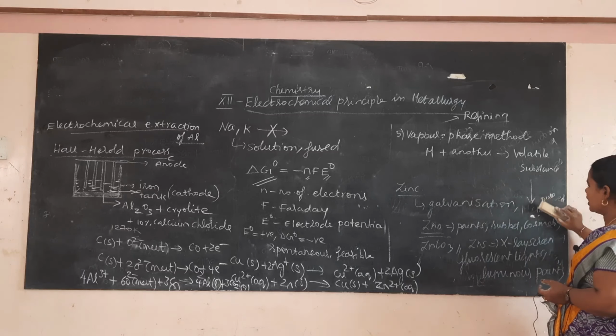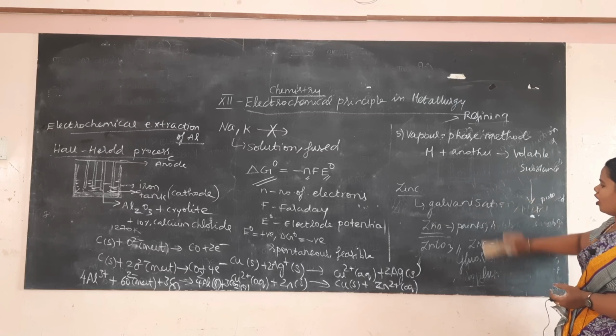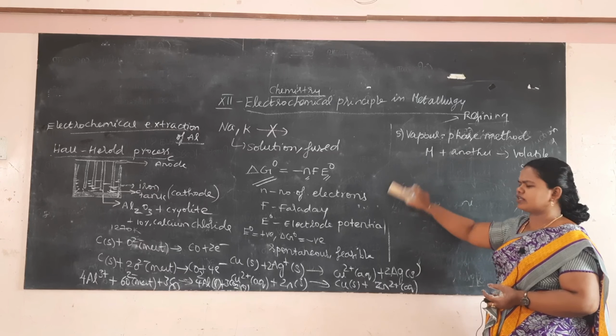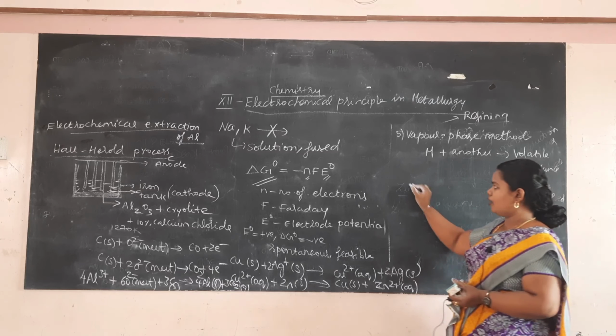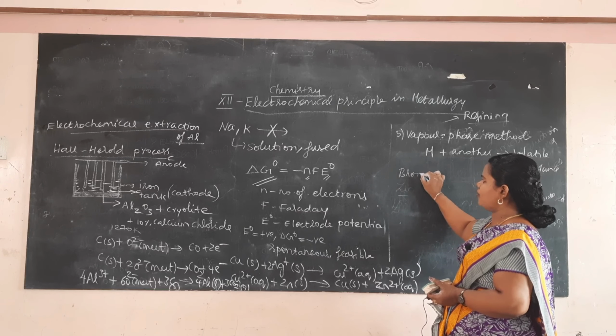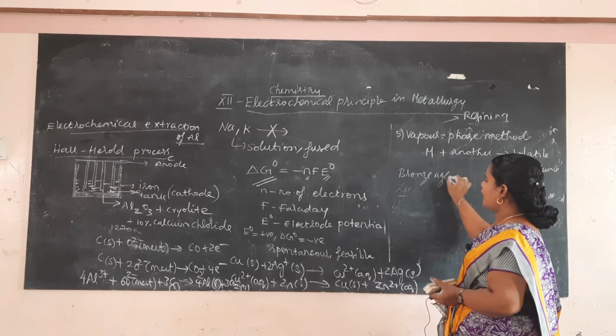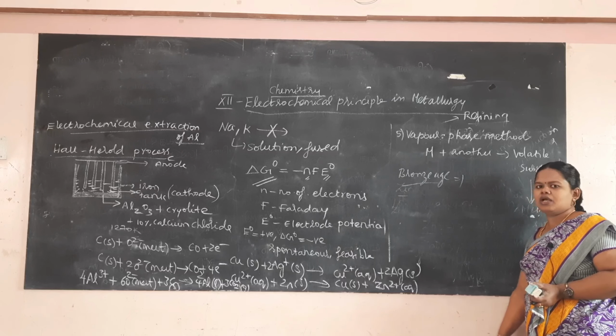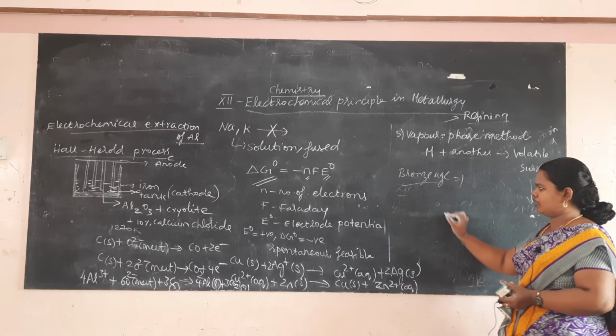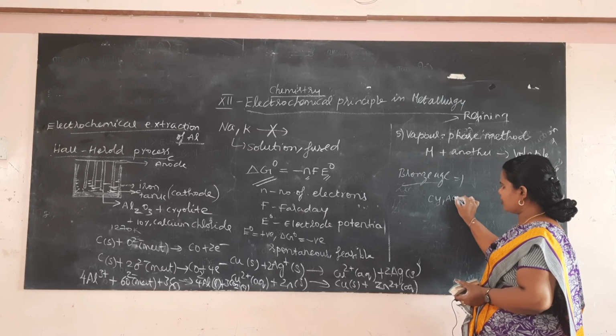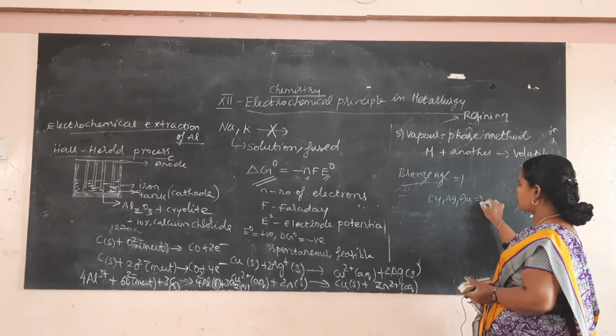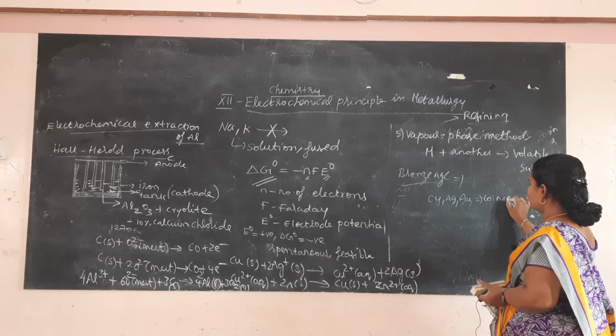The next one, copper. We know that copper was used in ancient times itself, from the Bronze Age. And one important thing is the coinage metal. Copper, silver and gold are known as coinage metals. Why are they known as coinage metals?